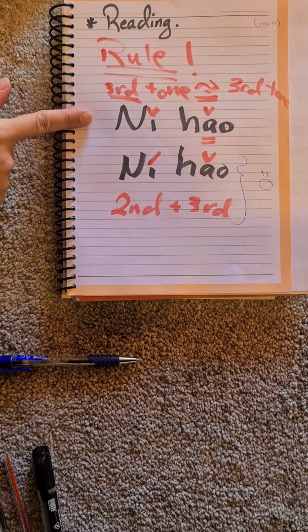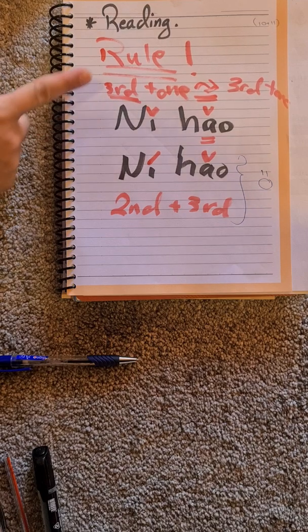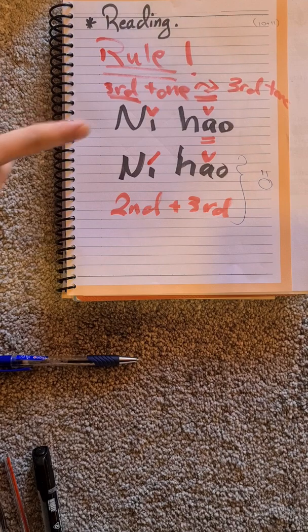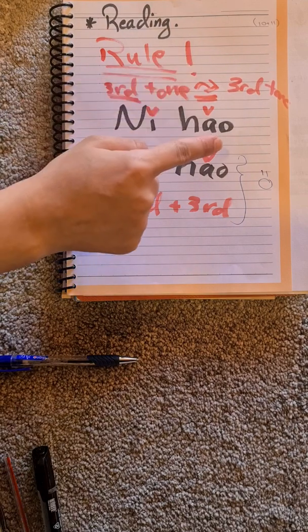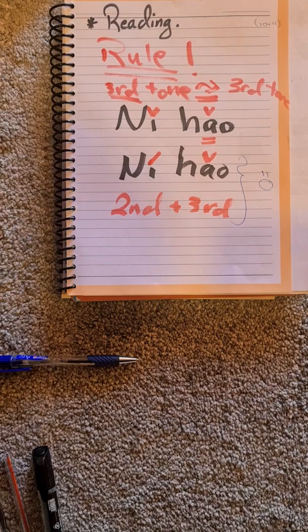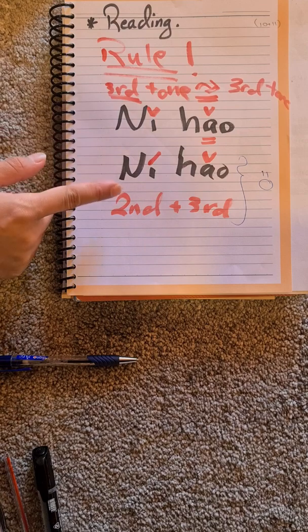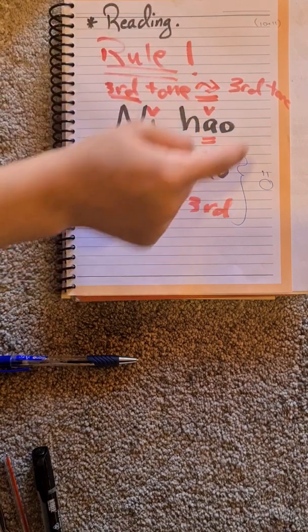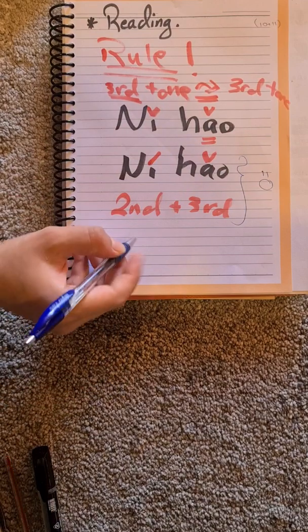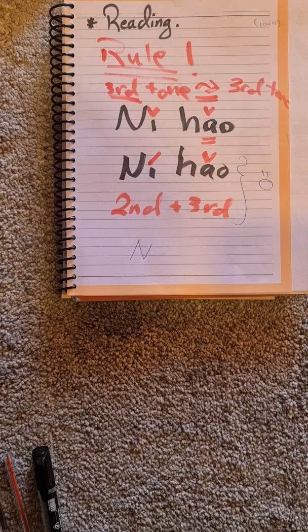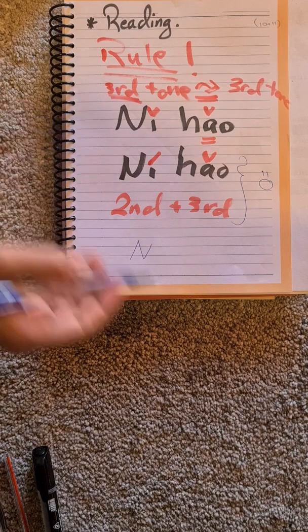If we pronounce it the wrong way, we will say ni hao, and that is a mistake. So we have to change it to a second tone to make it easier for you to pronounce. So it's going to be ni hao, ni hao. Imagine your voice is going like this.